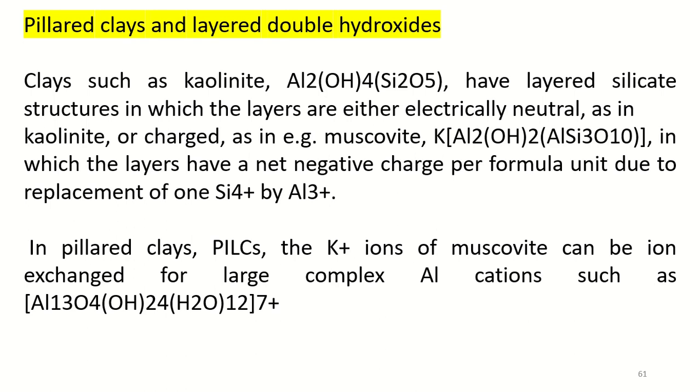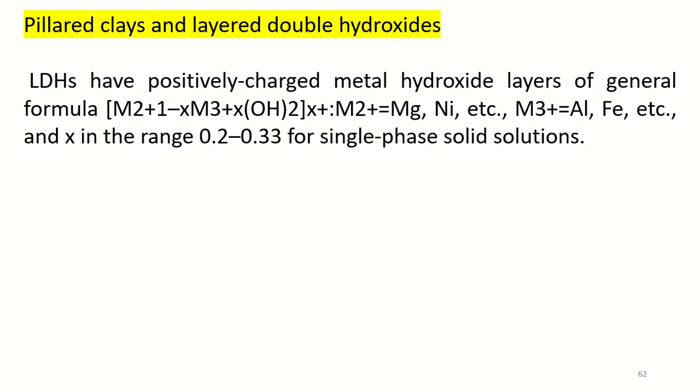On heating the product material, the aluminium complex cation dehydrates and the residue forms strong covalent bonds with silicate sheets. It will produce a pillared structure with a porous two-dimensional interconnected network.